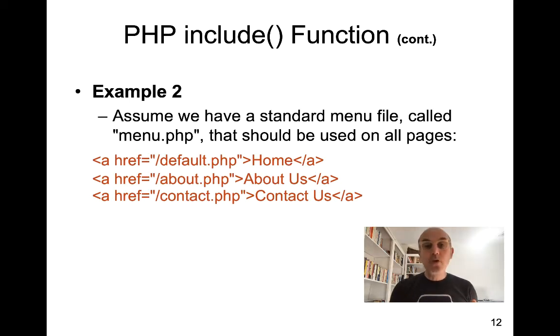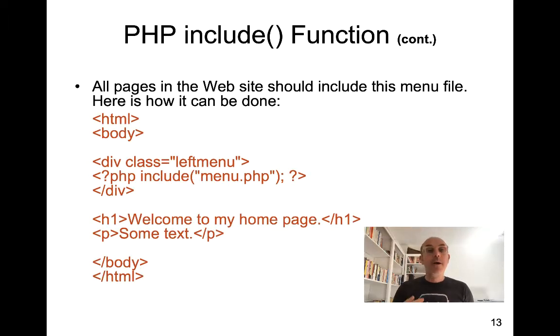Example 2, assume that you have a standard menu file and we call it menu. In this case, you should have all the pages with a default, about, and contact all in PHP. That is my hope for your final project. However, it's up to you to decide how it will play out.